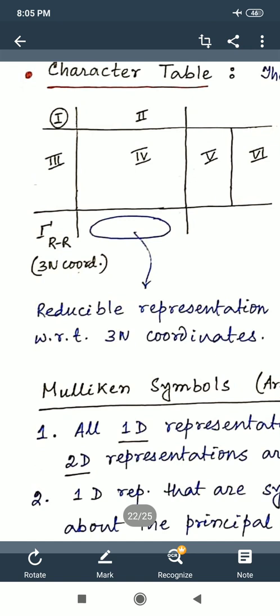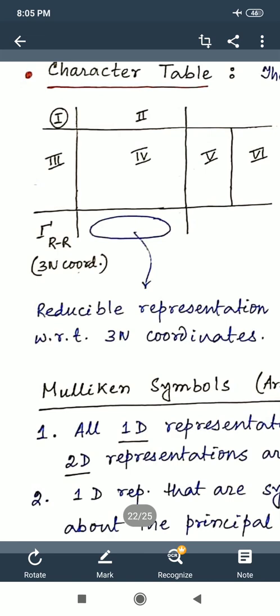These are the irreducible representations, and in the character table we write their Mulliken symbols. I will explain what the Mulliken symbols are in this class also.